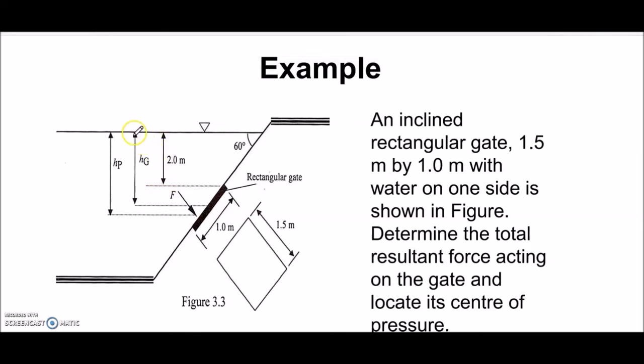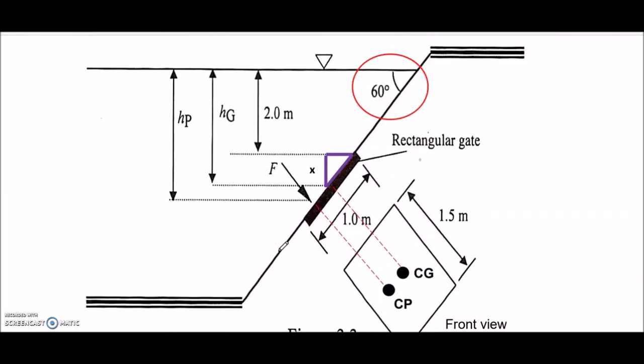Alright, so this is the depth of immersion, the start point of immersion, and then the center of gravity, CG, and then the center of pressure, the CP. So the force will act at the CP point. Alright, so how do we want to solve this?